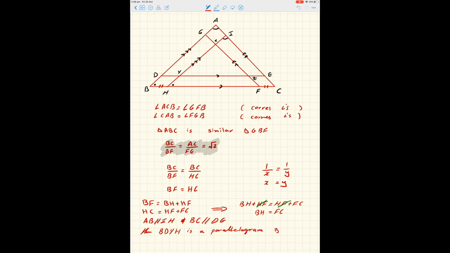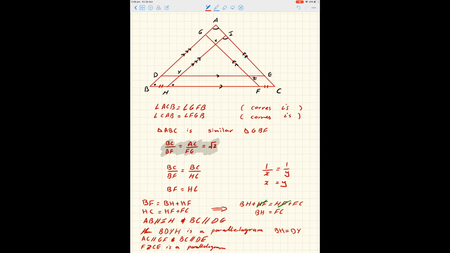Which means BH is equal to DY, as I mentioned a few seconds ago. Looking at the other side now, AC parallel to GF and BC parallel to DE. Okay, then FZCE is a parallelogram.